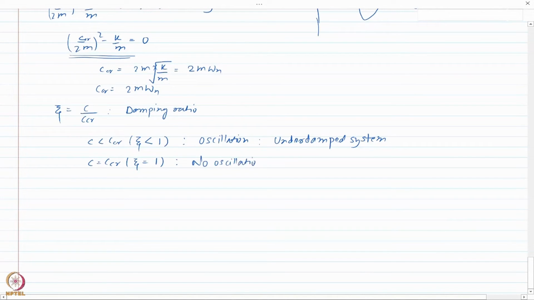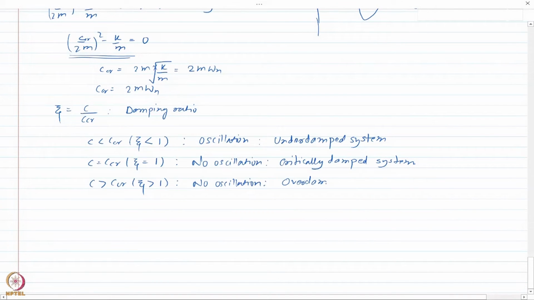It is called a critically damped system. And when C is greater than C critical, or zeta is greater than 1, I would again have no oscillation, and this is called an overdamped system.